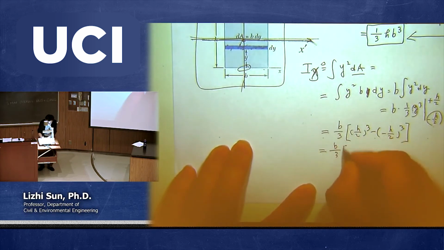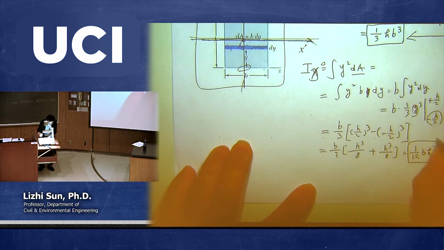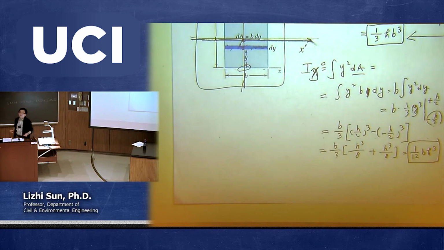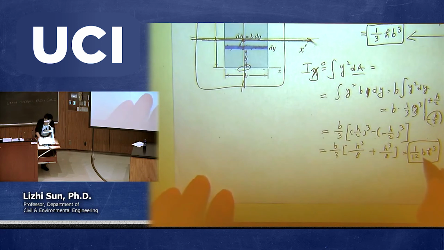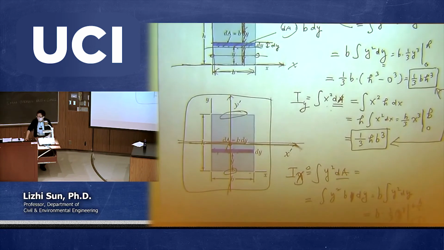So b over 3, h cubed over 8, and the negative becomes positive, h cubed over 8, right? So that's 1/4. Multiplied with 1/3, that's 1 over 12 bh cubed. So the result is a little bit different. It's still bh cubed, there's no doubt about it, but the coefficient in front of bh cubed is 1/12 instead of 1/3 at the very beginning if you change to a different coordinate system.